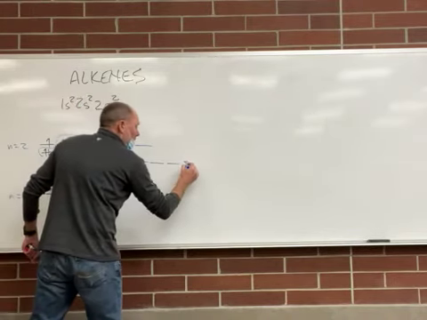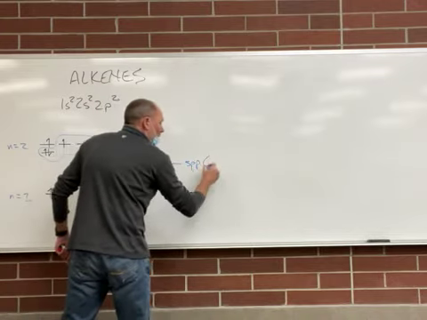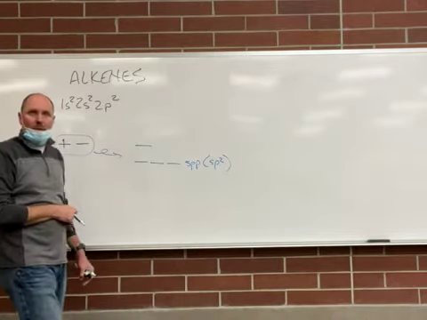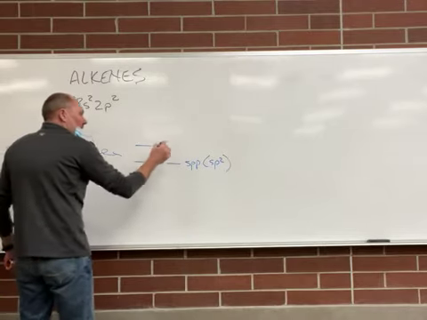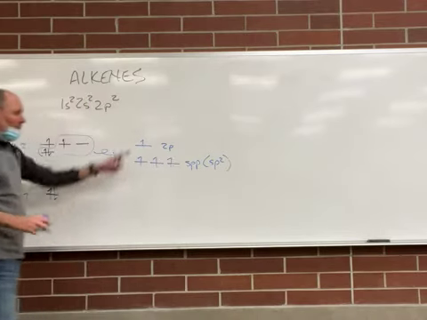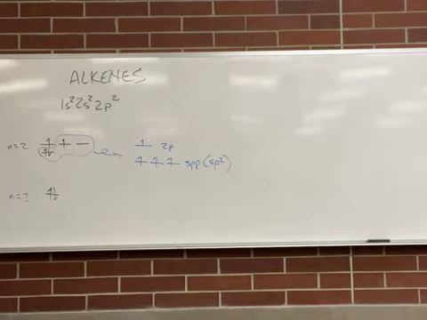So if it does that, notice what it mixes to. It mixes to an s, p, p, or an sp2. That's different than an sp3. And so this leaves the 2p unhybridized, and it hybridizes an s and a p and a p.